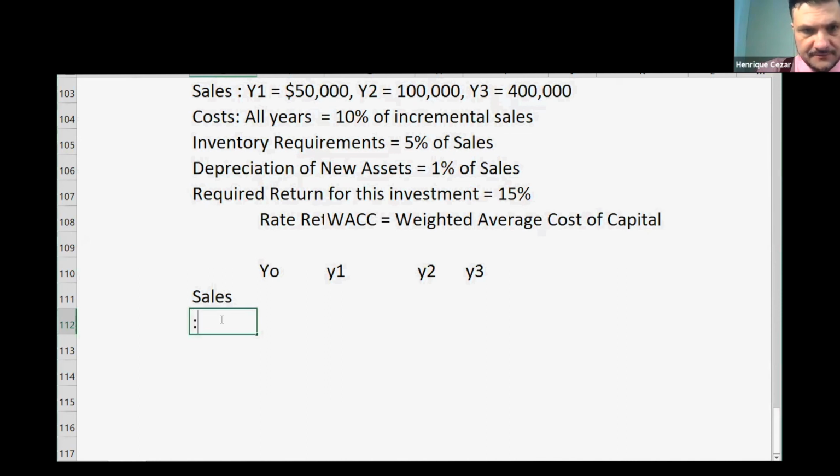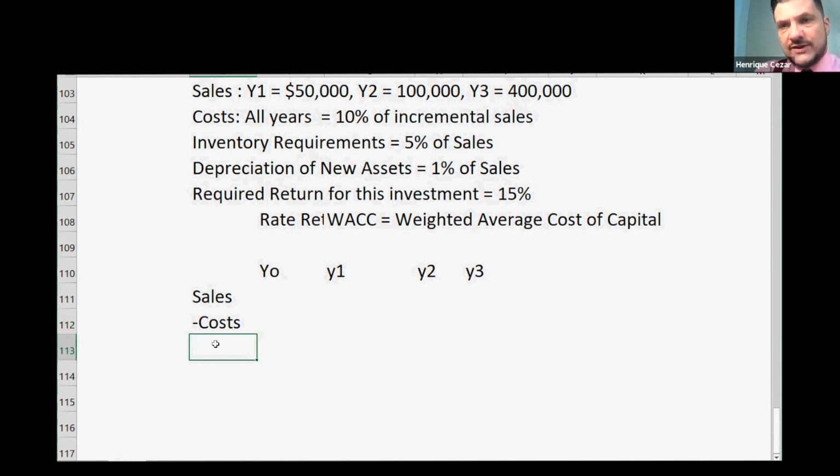Minus costs here. If you want to do the minus without getting an error message, you have to put an apostrophe in front of it. I hope you learned that in Excel somewhere. All right. Sales minus costs.